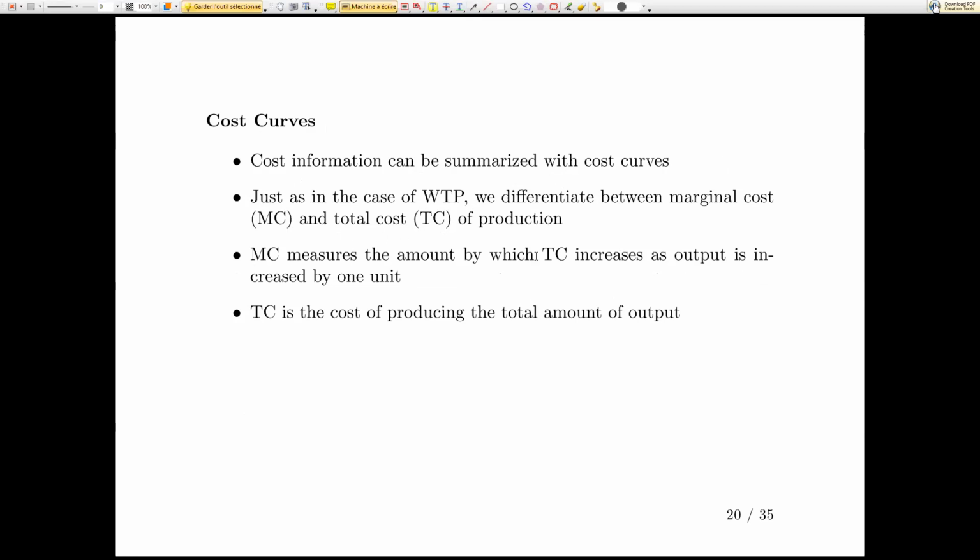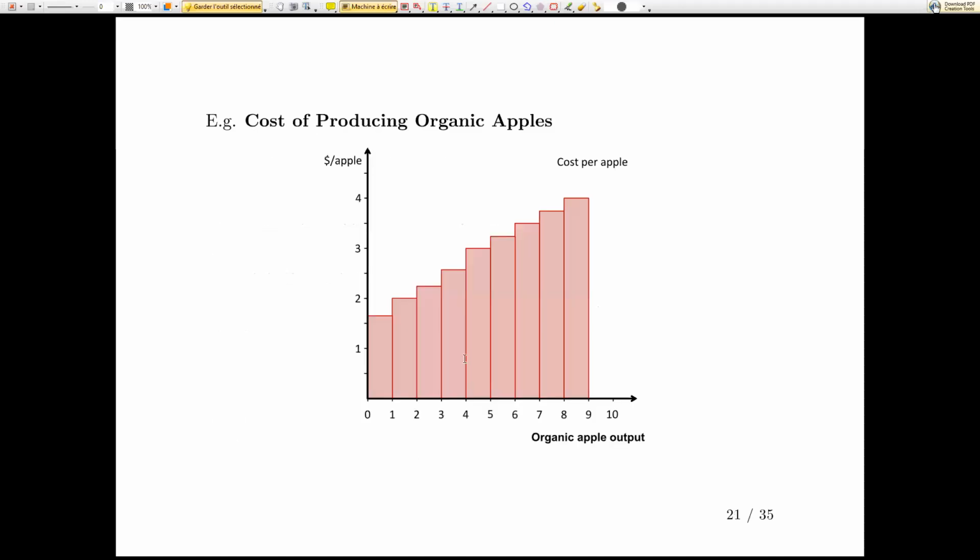Marginal cost measures the amount by which total cost increases as output is increased by 1 unit. Total cost is the cost of producing the total amount of output. If you produce 10, that's how much these 10 units have cost you to produce, and the marginal cost is how much the next unit will cost you to produce.